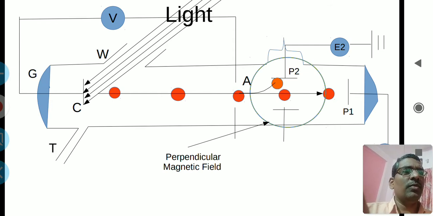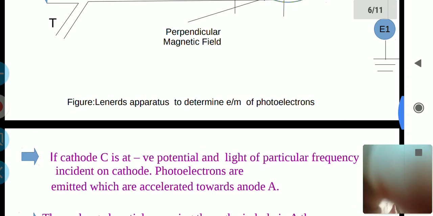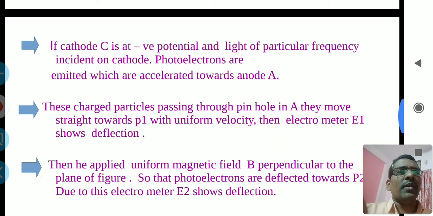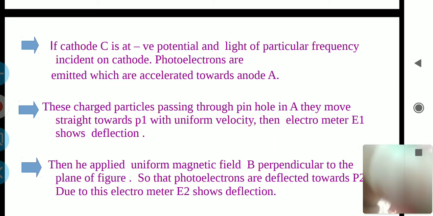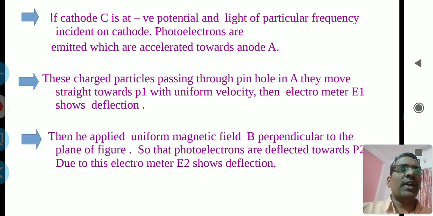Now, if cathode C is at negative potential and light of a particular frequency is incident on the cathode, photoelectrons are emitted, which are accelerated towards the anode A. These charged particles pass through the pinhole in A and move straight towards P1 with uniform velocity.